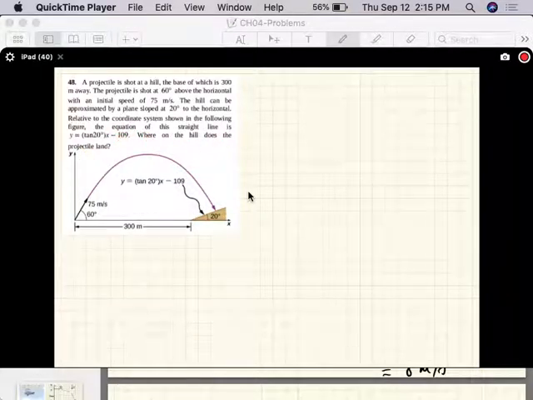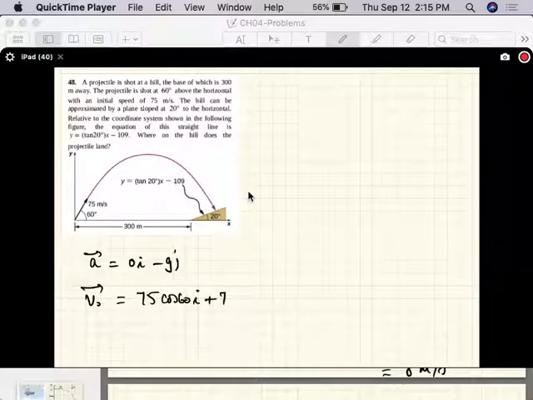Where on the hill does the projectile land? Again, in this problem, the acceleration is 0i minus gj. V naught is 75 cosine 60 i plus 75 sine 60 j.